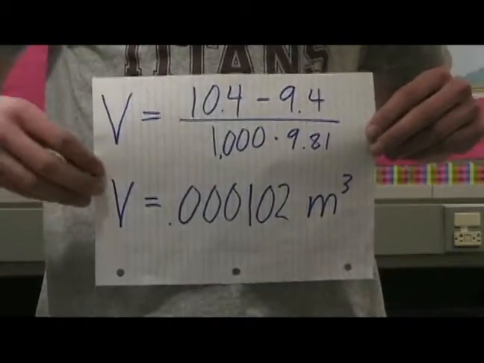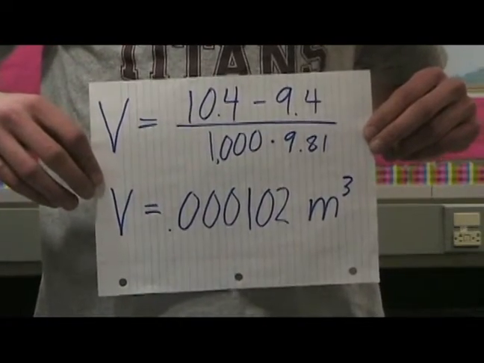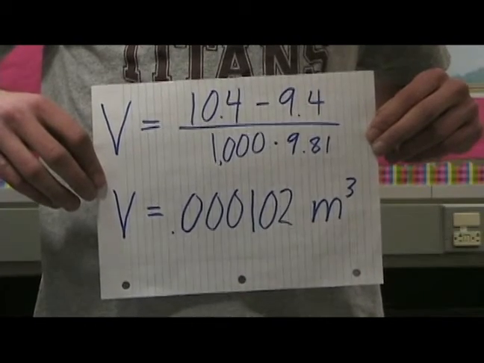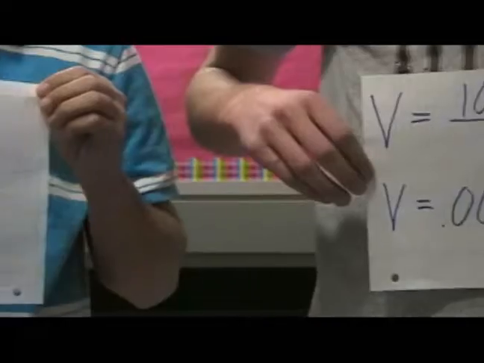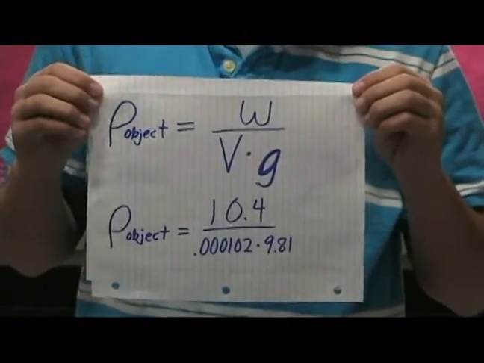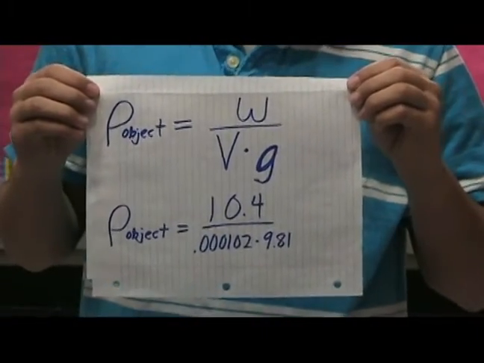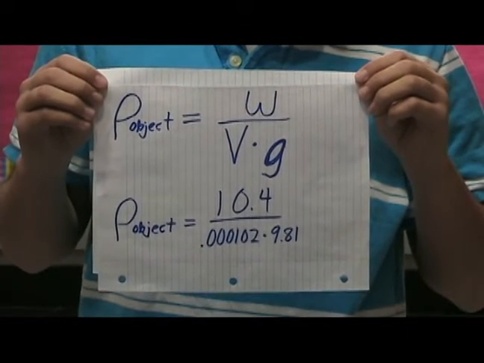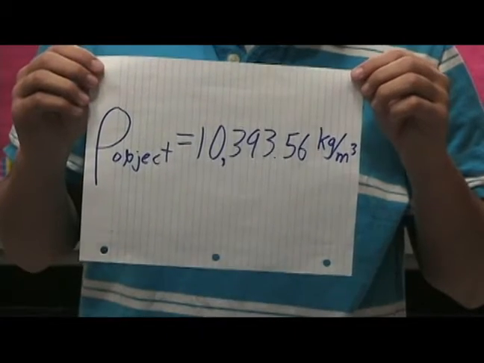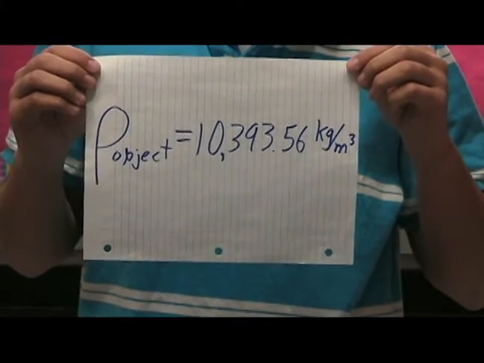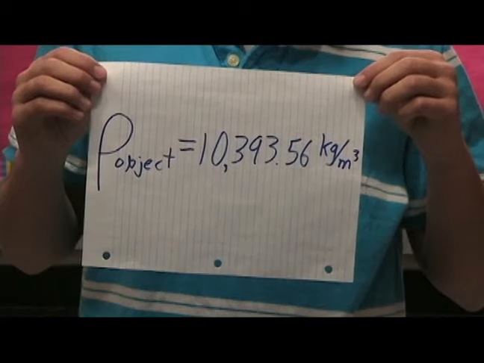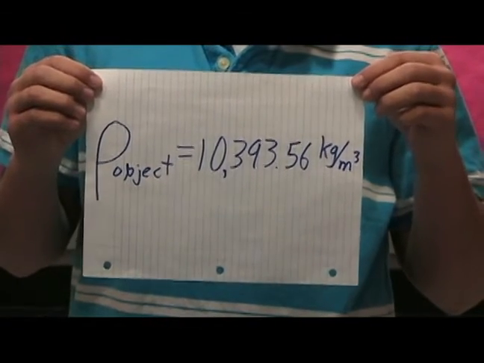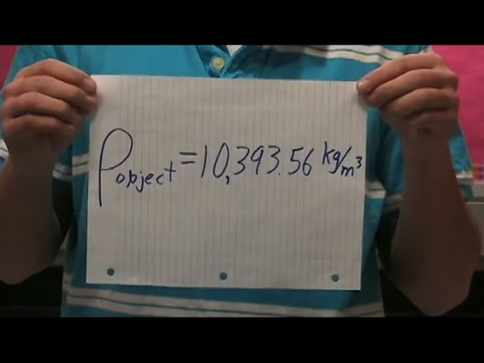When we plug in the values we found, we get a volume of about 0.000102 meters cubed. The density of the object equals its actual weight divided by volume times gravity. Using the weight and volume, we found that we get a density of 10,393.56 kilograms per meter cubed.